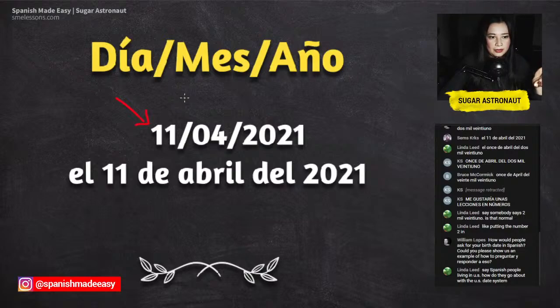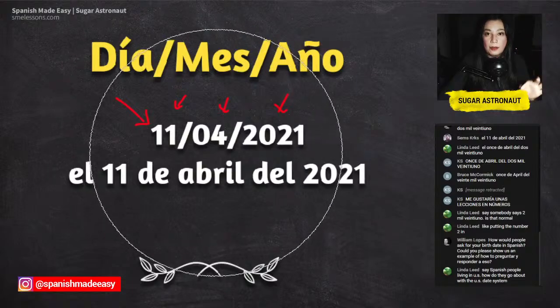The forms tell you we need day, month, and year, okay? And that's very clear. When you're filling out a form, it's pretty straightforward, so you won't have an issue, but usually you will have to use numbers, okay?